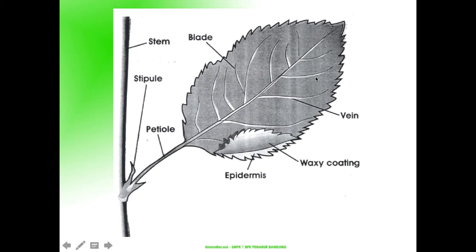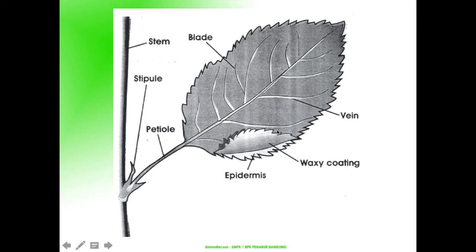What you see here in this picture, the veins are arranged like this. We call it reticulate. This is a dicot. If it is palmate, like a palm, it is also dicot. But if the veins are parallel, then very likely it is a monocot.